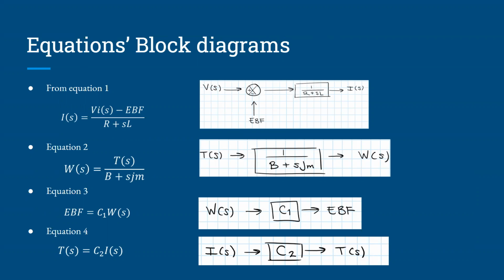As you can see here, we first isolate the equation for the current, so we can have the voltage as the input of the function. Equations 2 and 3 stayed the same, and equation 4 we also isolated. In this way we can have the current Is as the input value, so then we can finally have the model.